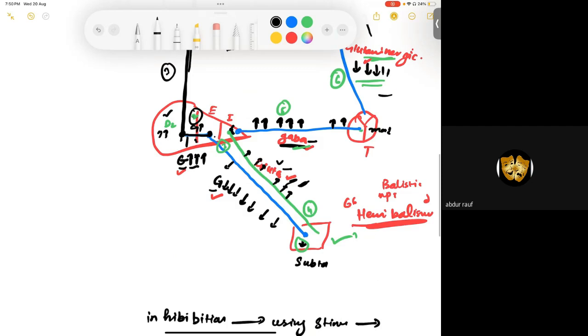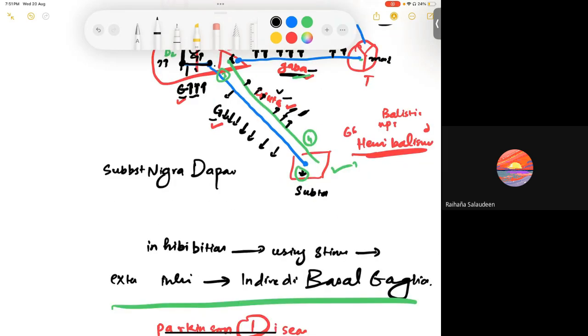So, we have something called substantia nigra, if you guys remember, right? Substantia nigra basically makes your dopamine. Substantia nigra basically has two components, the pars compacta and pars reticularis, right?